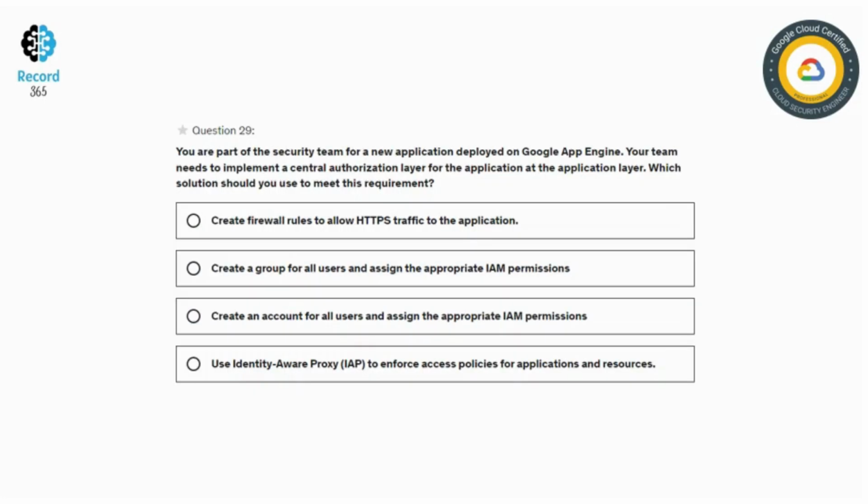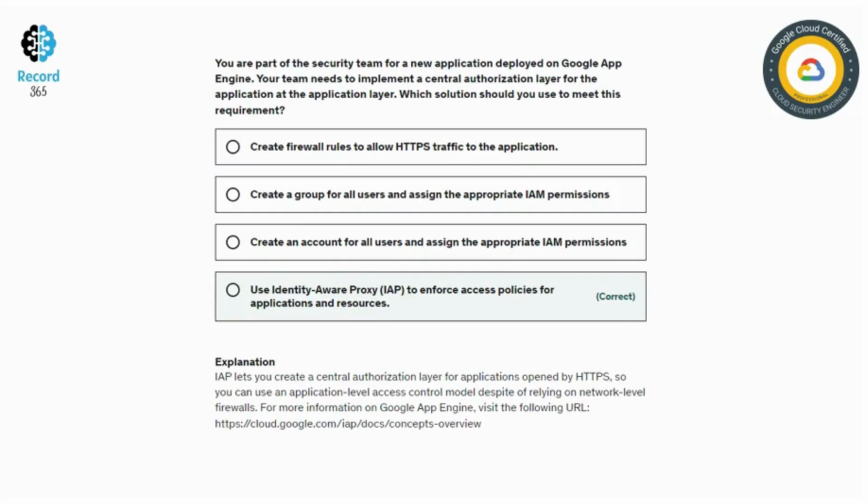So the next question is: you are part of the security team for a new application deployed on Google App Engine. Your team needs to implement a central authorization layer for the application at the application layer. Which solution should you use to meet the requirement? The answer is: use Identity-Aware Proxy to enforce the access policy for applications and resources.